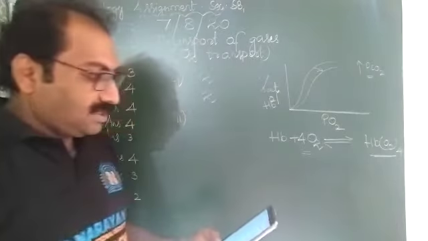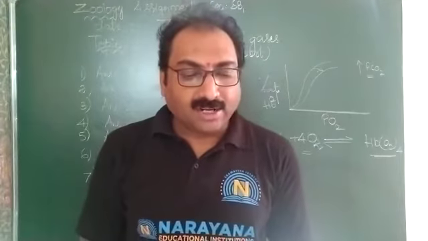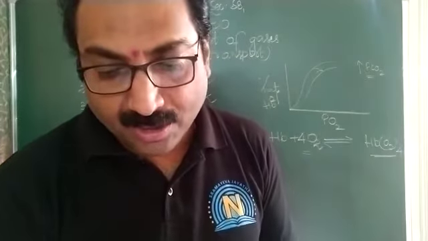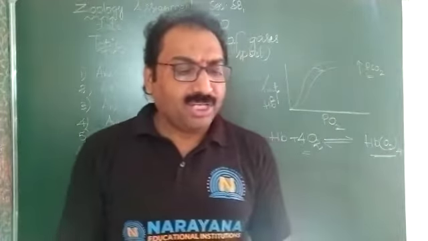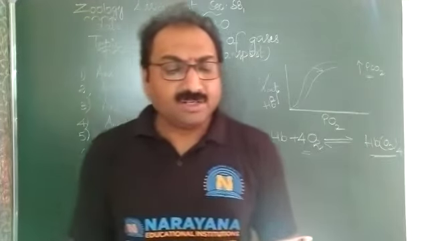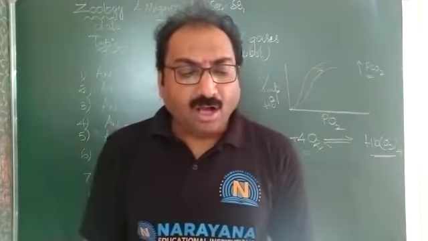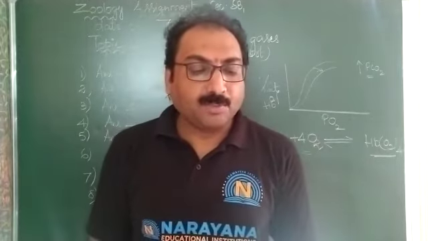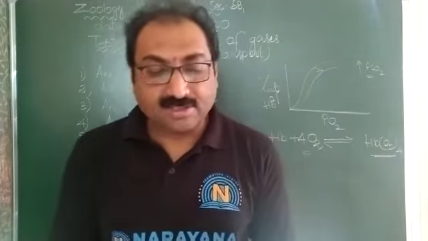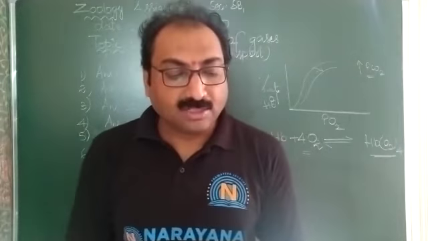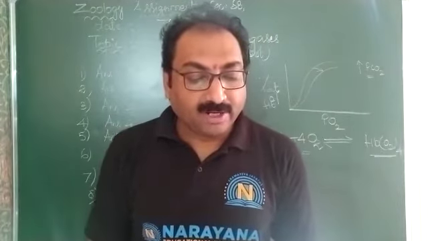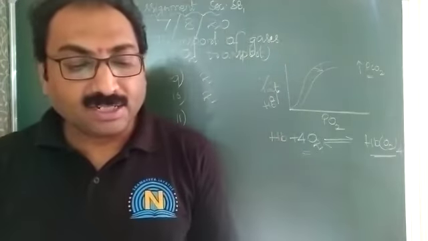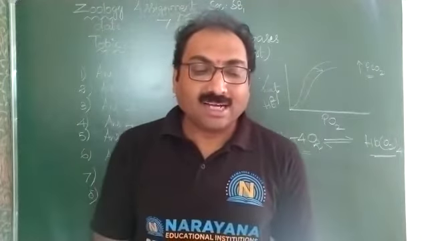11th question. At a given oxygen concentration, the dissociation of oxyhemoglobin will increase if: first option, pH of the blood raises; second one, pH of the blood falls; third one, CO2 concentration of the blood falls; and fourth one, free fatty acid concentration of the blood falls.